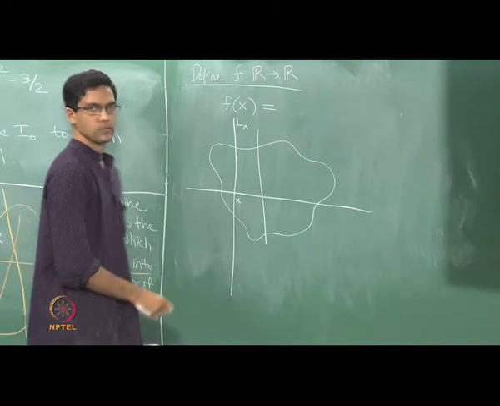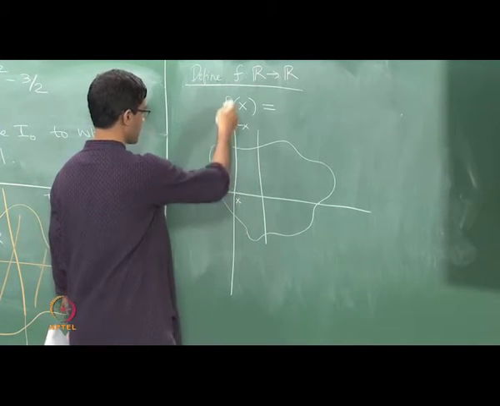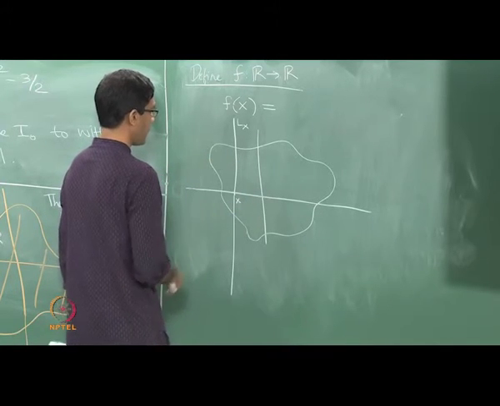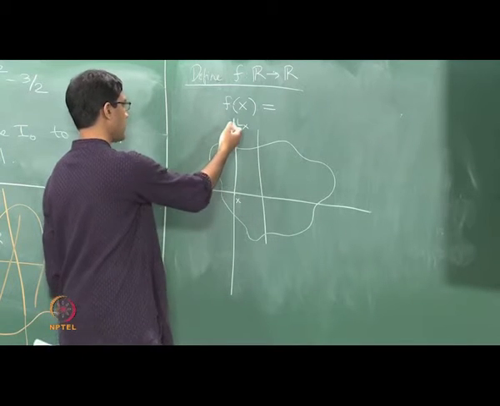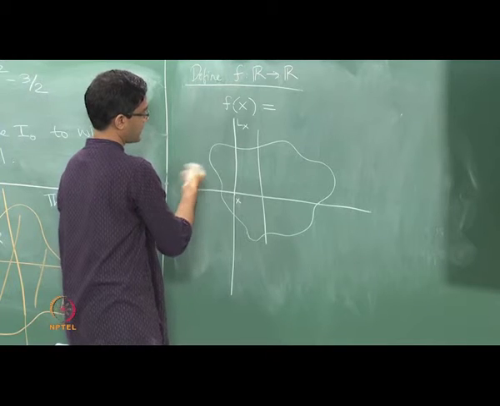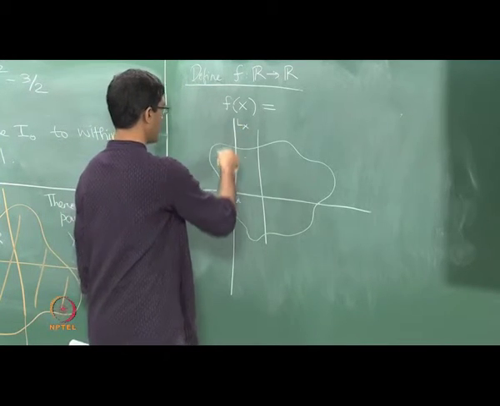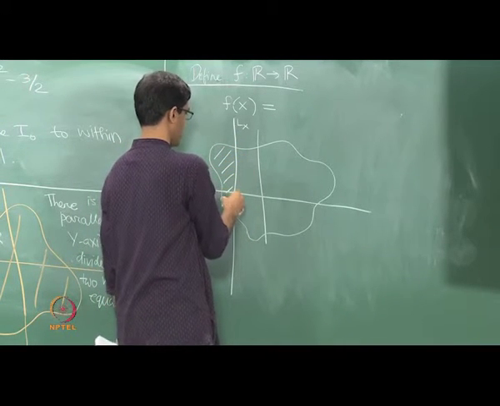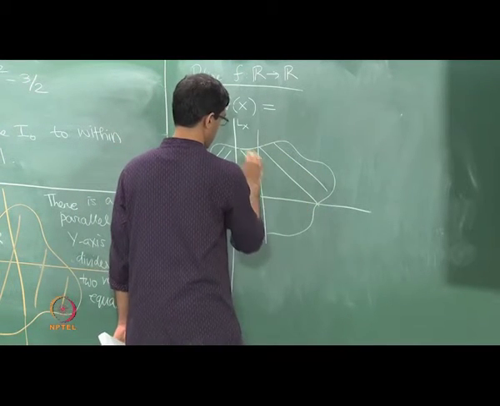That line will presumably divide this given region R in some arbitrary proportion. For instance, the line could be all the way to the left of this region, in which case it really does not do any division at all. But let us say f of x is the following: it is the area to the left of this line minus the area to the right of this line.